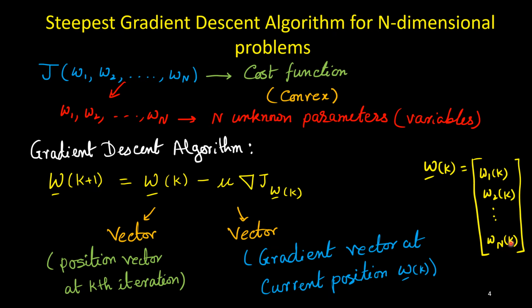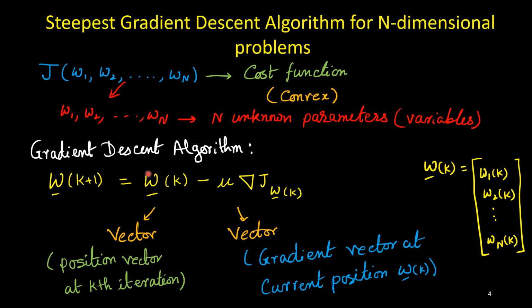All the weights are collected here, which will give you one column vector. So this is wk, and this wk is now updated by minus mu times the gradient of this cost function at that point wk.